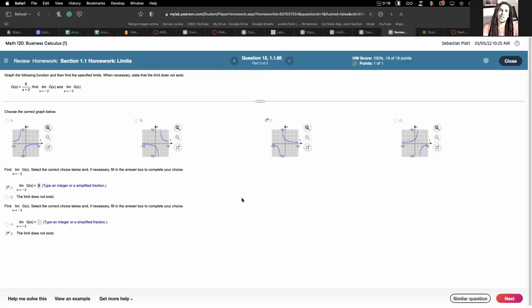But what about when x is approaching -3? Well, if that's the case, then we have a problem, because -3 plus 3 on the denominator equals 0. And anytime we divide a number by 0, it is always undefined. It is a straight vertical asymptote line. So the limit does not exist.